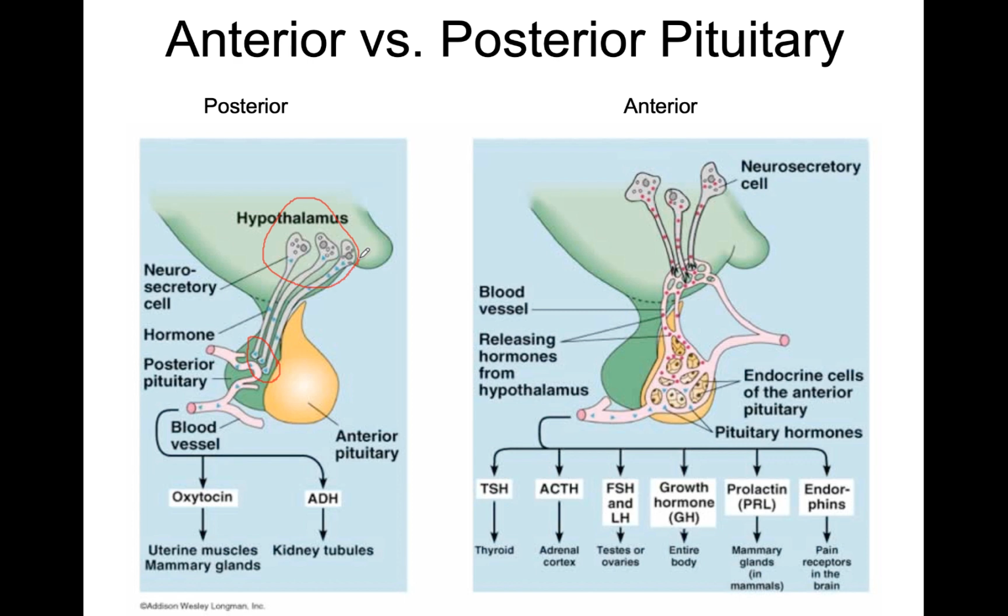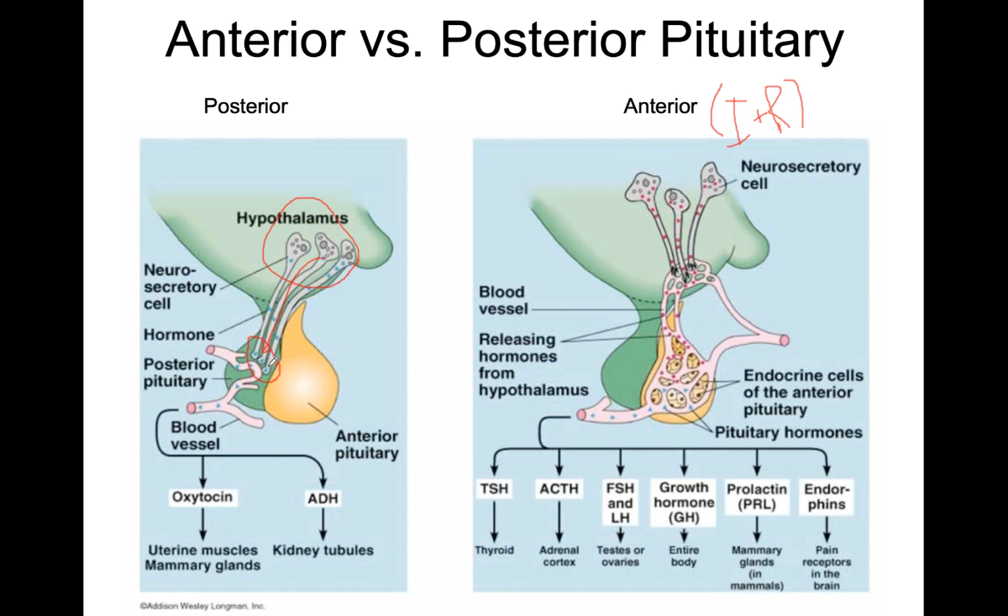Now, so far you've learned that the hypothalamus makes inhibiting hormones and releasing hormones. That is only true for the anterior pituitary. So inhibiting and releasing hormones, only true for anterior pituitary. The posterior pituitary, the hypothalamus will make oxytocin and ADH, ship them down, and just store them here in the terminals of these neurons.